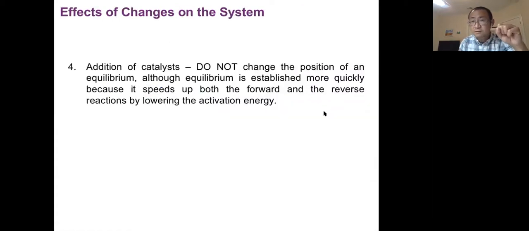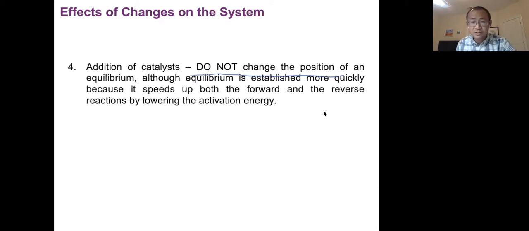Another one is adding catalyst. What is catalyst? It increases the reaction rate. But catalyst increases the reaction rate of forward and reverse equally. So adding catalyst simply means the equilibrium is reached faster, but it's still the same. It does not change the position of an equilibrium either.